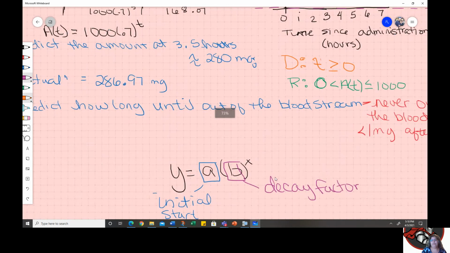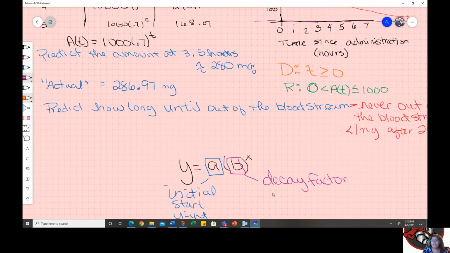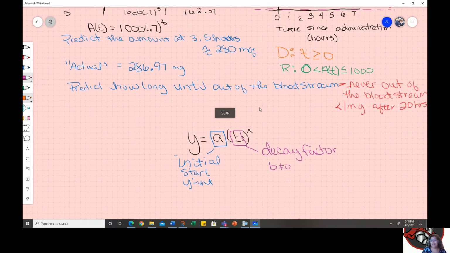As a decay factor, our b can never be 0. Even as a growth factor, it's never going to be 0. We never want our b to be 0, or our a. Our a can never be 0. If either of them are 0, then our function is just 0.